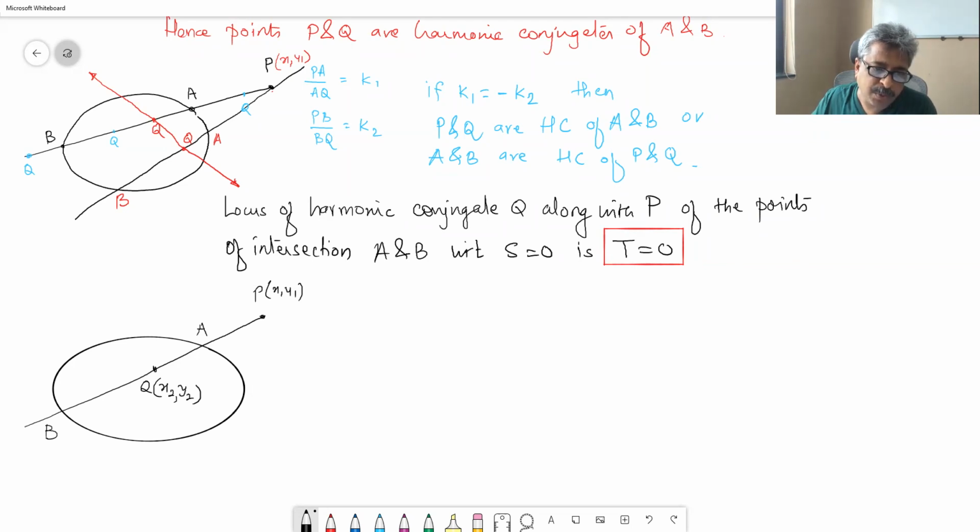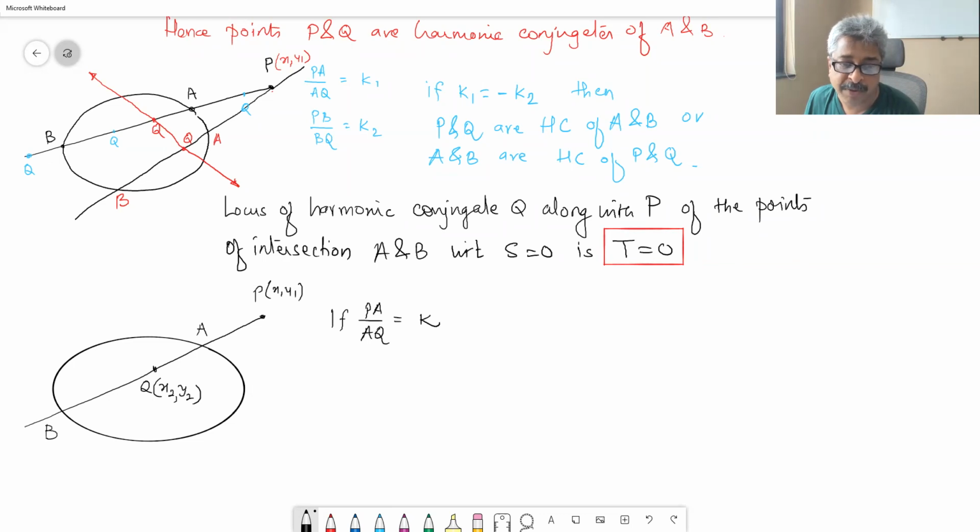Suppose PA upon AQ is equal to K. Then I can always visualize this A as B, because this point B is also a point of intersection of this conic. So this A is a representative point.